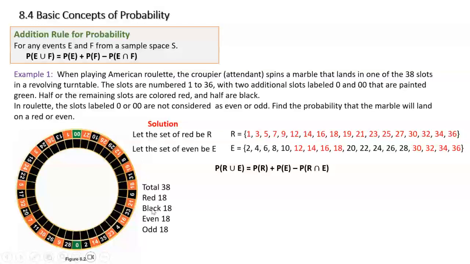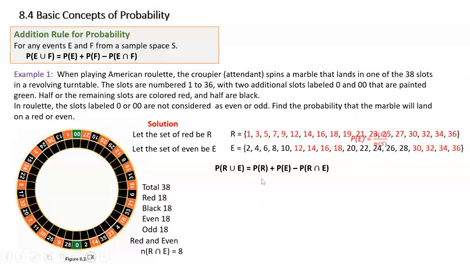There were 18 black, 18 red, 18 even, and 18 odd. So the probability of red is going to be 18 over 38. And where it says red and even, that means where they intersect. So they're talking about these right here, what they have in common. You see, they have 1, 2, 3, 4, 5, 6, 7, 8. That's why the number of red intersect E, which is even, is equal to 8.